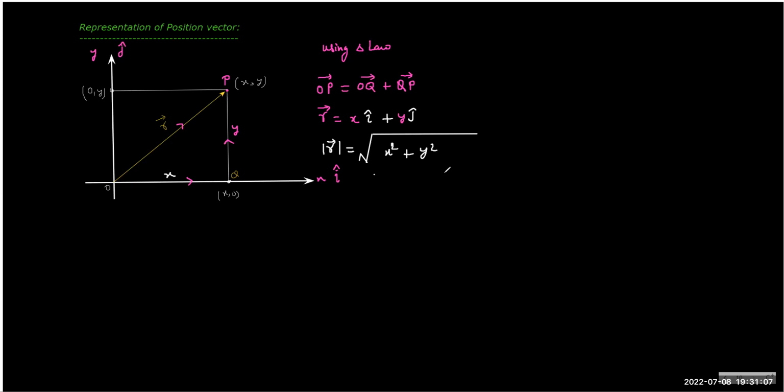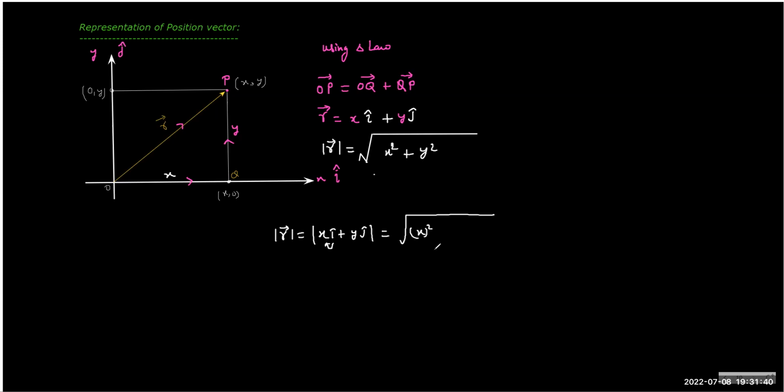Now, of course, we derive using the Pythagoras, but going into the future, the way we should think is not Pythagoras. When you write R equals xi plus yj, then the length is equal to the square root of coefficient of I cap whole square plus coefficient of j cap whole square.